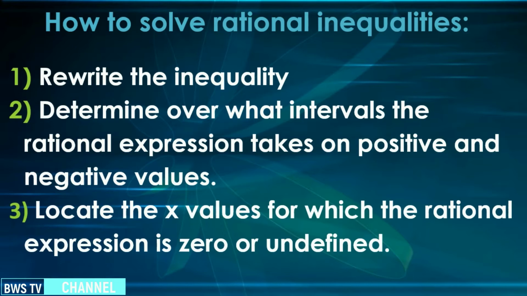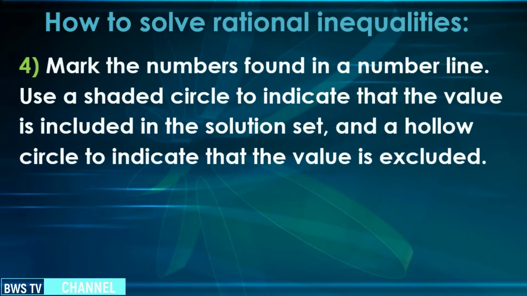Next, locate the x values for which the rational expression is 0 or undefined, because those values you need to avoid since they are undefined. That means your rational inequality will not be satisfied, so we need to locate these values. Number 4, mark the numbers found on a number line.